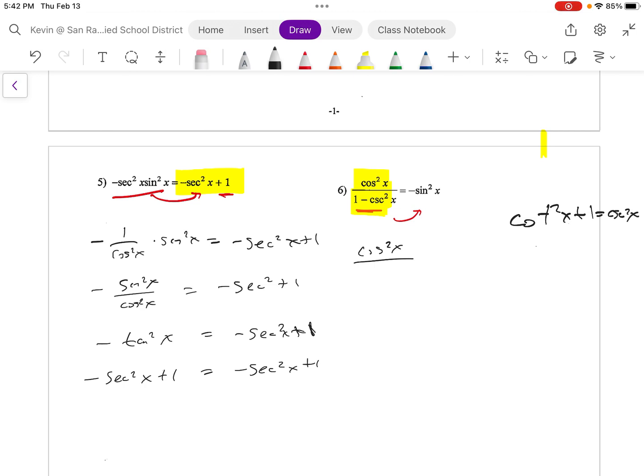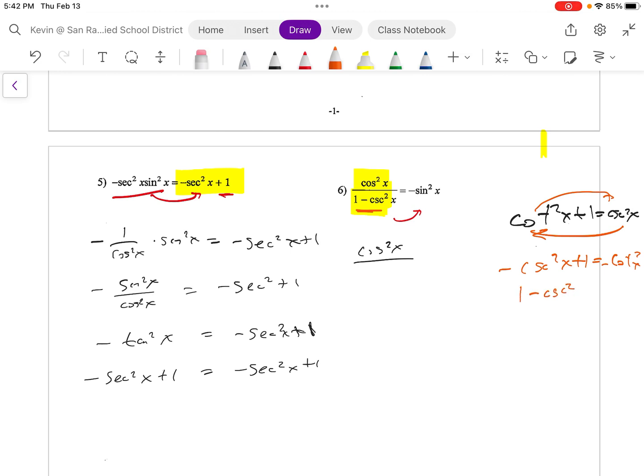So I have 1 minus cotangent squared x. Well, let's see. We'd actually take this over here and this over here, and that would give you negative cosecant squared x plus 1 equals negative cotangent squared x.